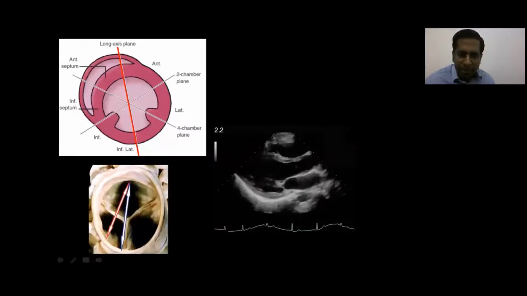So if you are not in the center, either to the right or towards the left, what you might find is an asymmetric closure line. One of the main reasons why you get an asymmetric closure line is an improper plane of the parasternal long axis view.